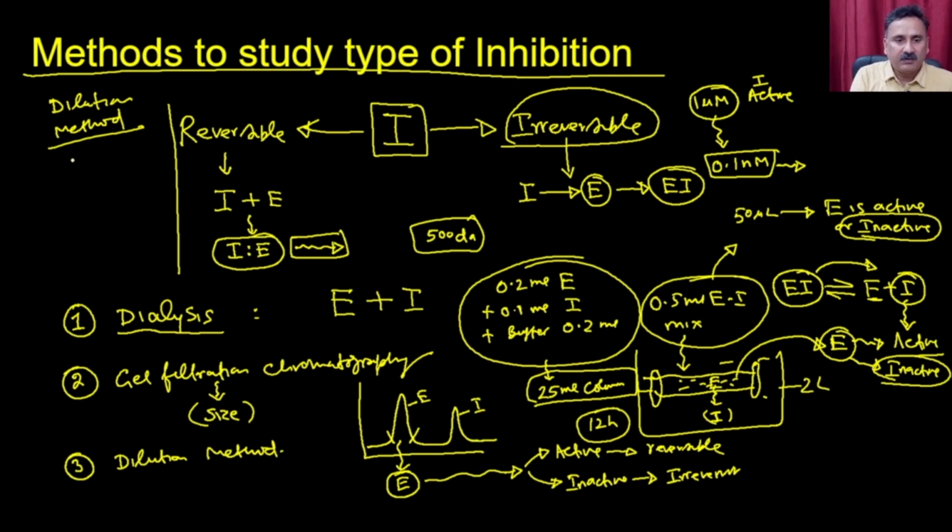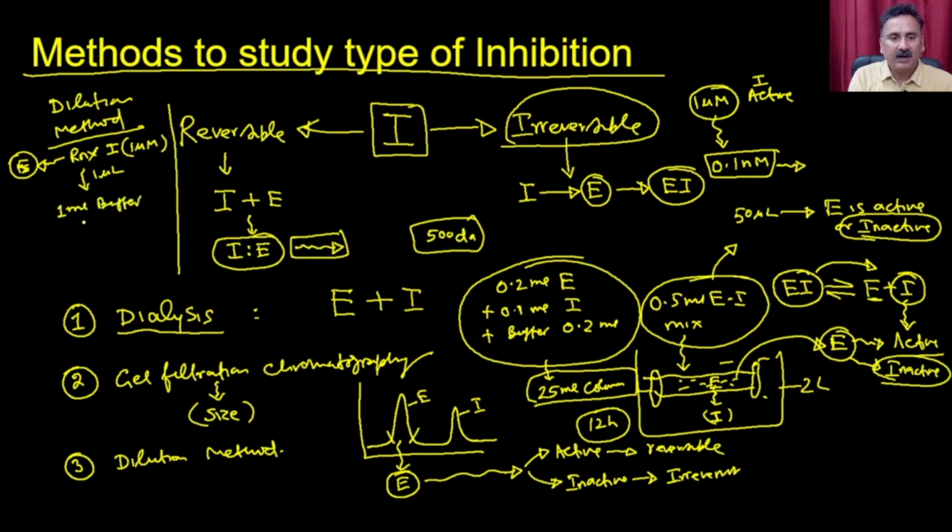So what you can do is make the reaction mixture, and you keep the inhibitor at 1 micromolar. Now you take an aliquot of the enzyme and ask whether the enzyme is active or inactive. At this concentration, the enzyme is going to be inactive. Now what you can do is take 1 microliter of this and put it into 1 ml of buffer.